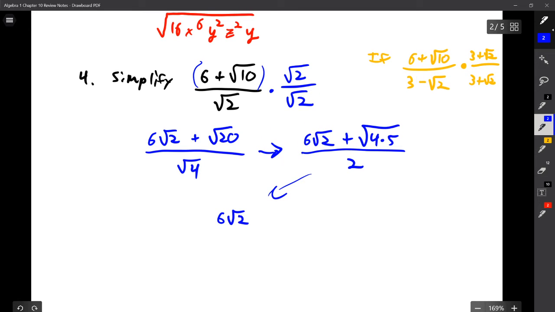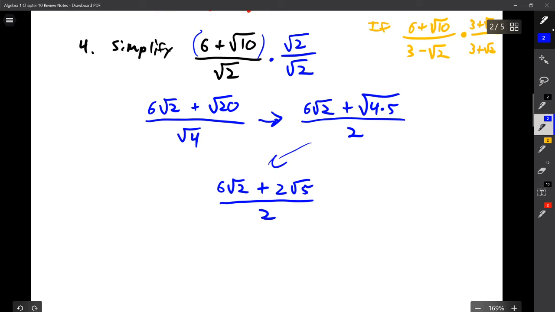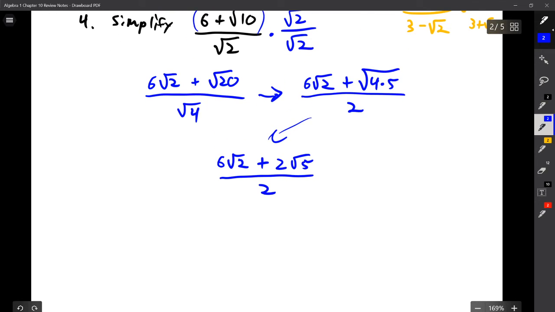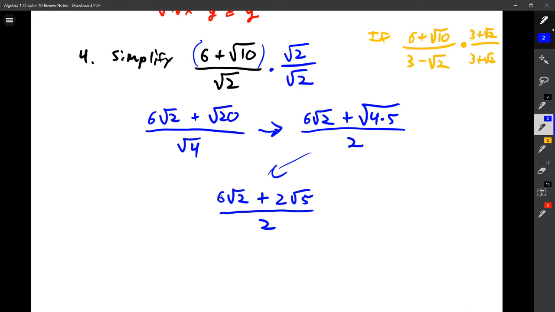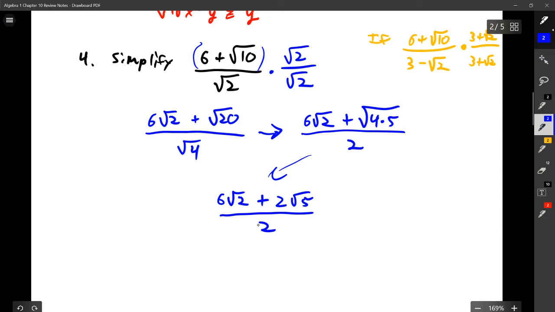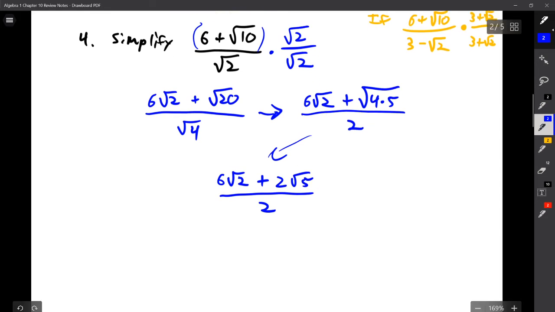Okay. So now let's see what I get. 6 root 2 plus, well, the square root of 4 inside can become a 2 outside, so 2 root 5 over 2. But now I need to check to see if the numbers in front can simplify. Because 6 is an even number, 2 is an even number, and we're dividing by 2. 6 divides by 2, and 2 divides by 2.